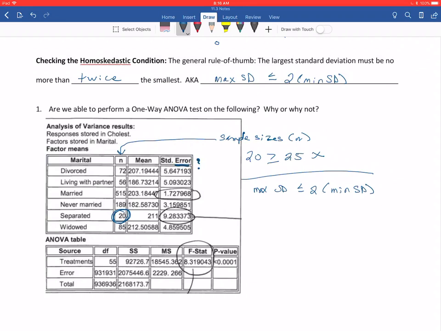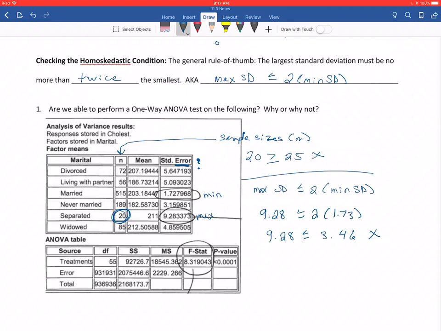This one doesn't have those, so the only thing I can check is the standard error. They've already labeled the max and the minimum one. Is 9.28, approximately, less than or equal to twice the 1.73? I can tell even without doing that that it's not. 9.28 is certainly not less than or equal to 3.46.